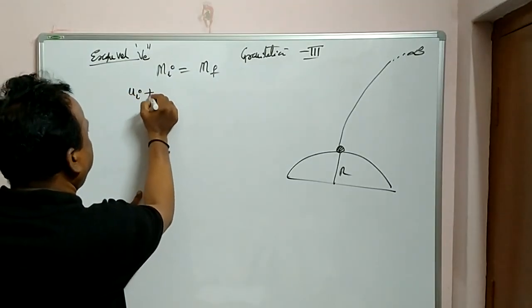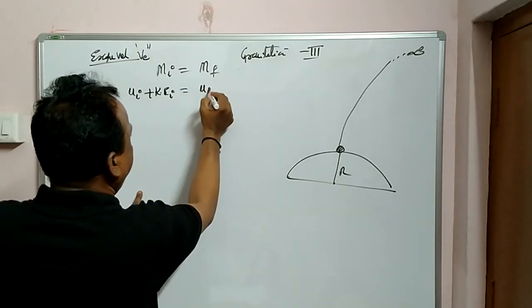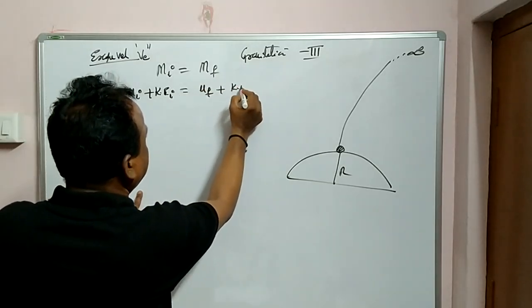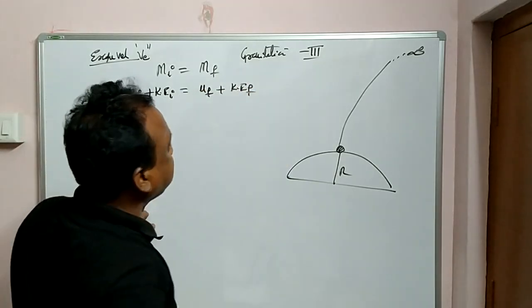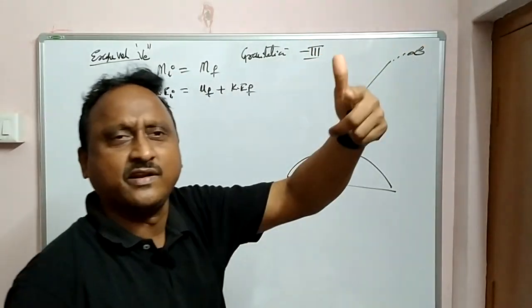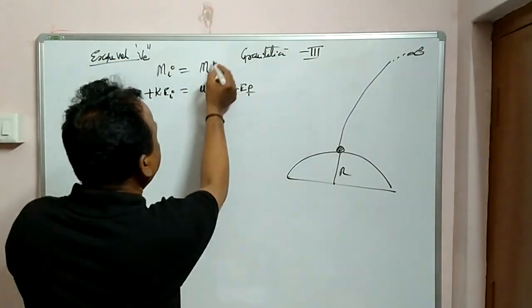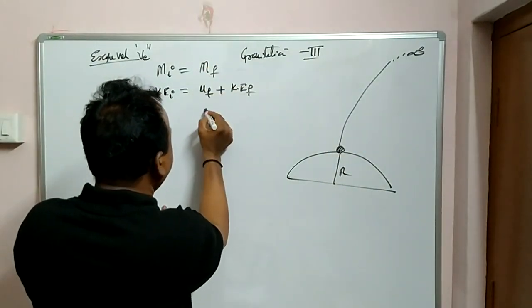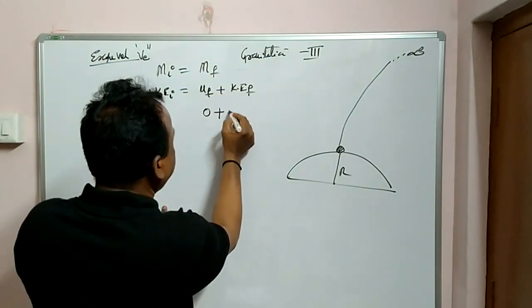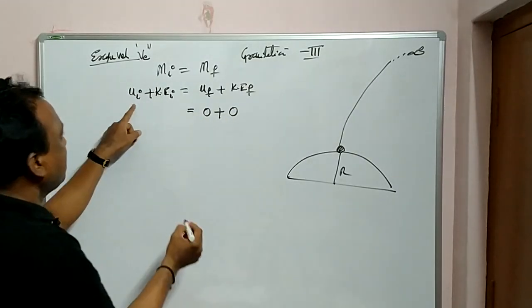Potential energy initial plus kinetic energy initial is equal to potential energy final plus kinetic energy final. See, once the body has gone into the space, what is the final velocity? 0. What is the potential energy? 0. So final mechanical energy 0.